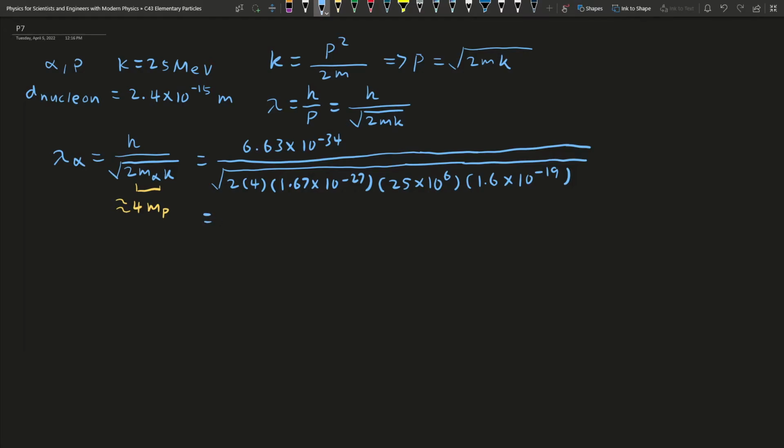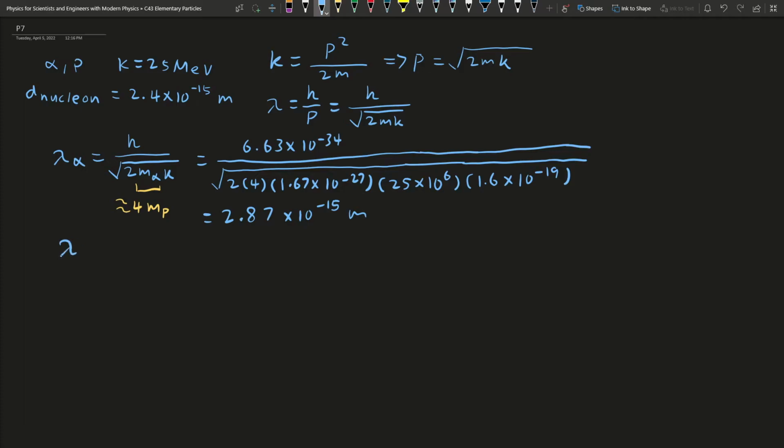So from here, I get 2.87 times 10 to the negative 15 meter.